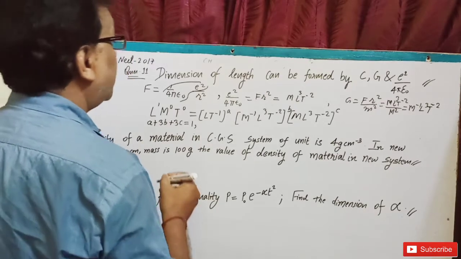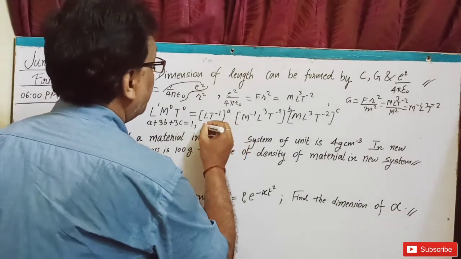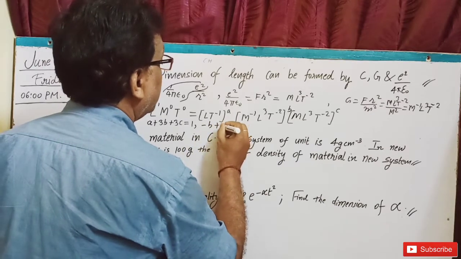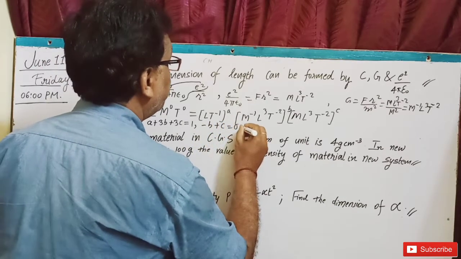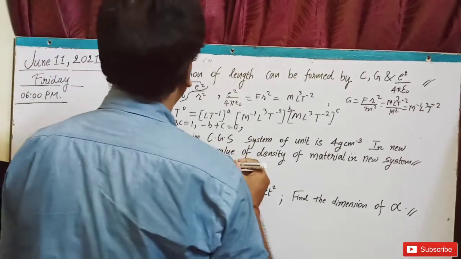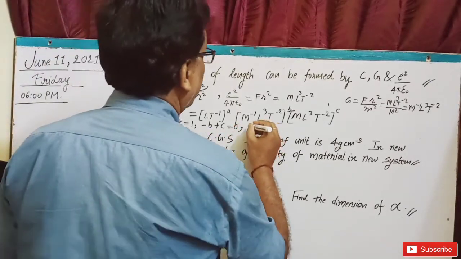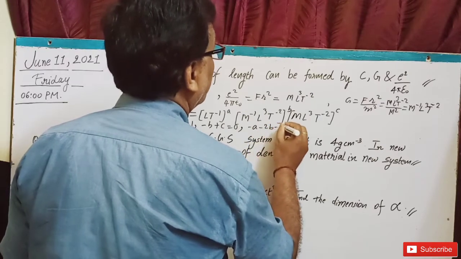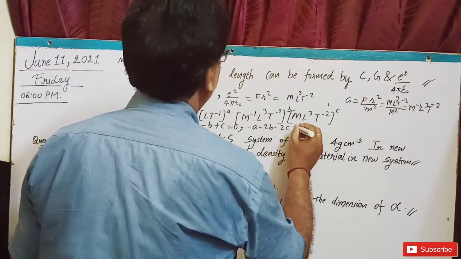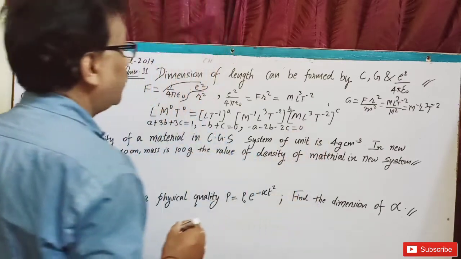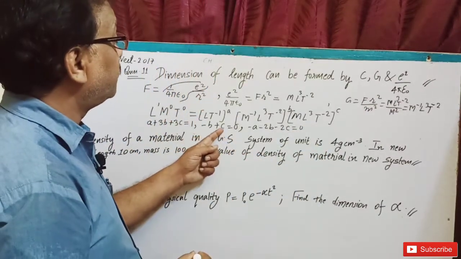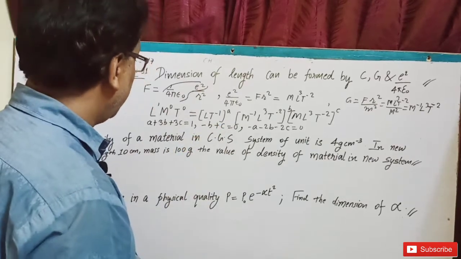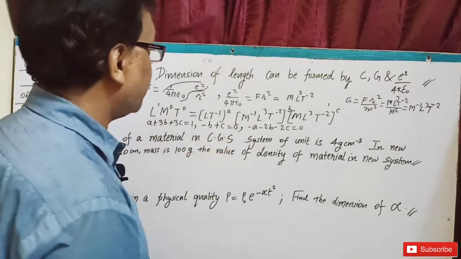Second, for M, comparing, minus b plus c is equal to 0, and for T, minus a minus 2b minus 2c is equal to 0. From here, minus b plus c is equal to 0, so c is equal to b. Put this in these two equations.